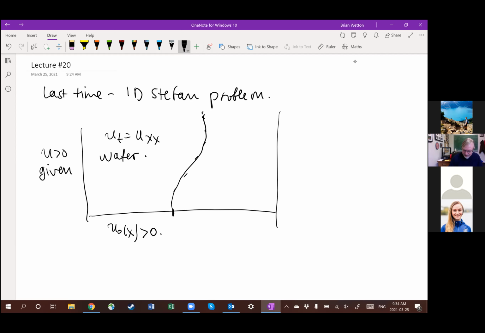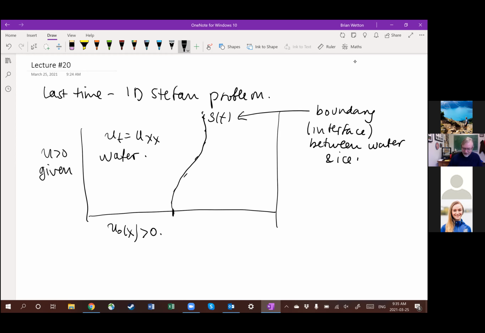Then I've got this curve, S of t. Now this is not a given curve, right? This is a boundary. I mean, it's not really a boundary. Maybe I should call it an interface, because it's not at the edge of the domain. It's in the middle between water and ice.